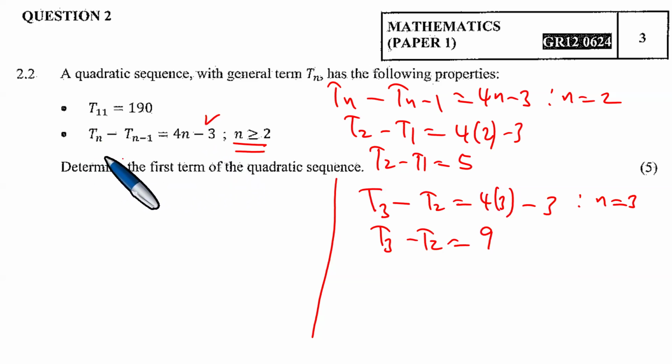Because you can perform further algebraic manipulations here, you are able to see that T1 is going to be exactly what this is here, because the difference of successive terms is 4n minus 3, and we need to determine the first term of the quadratic sequence.